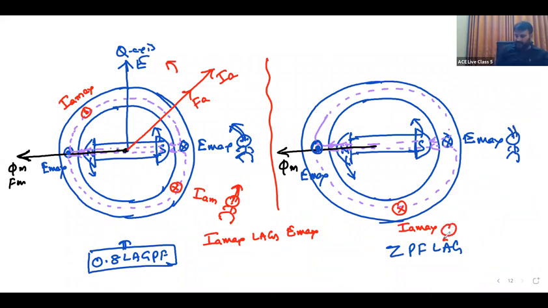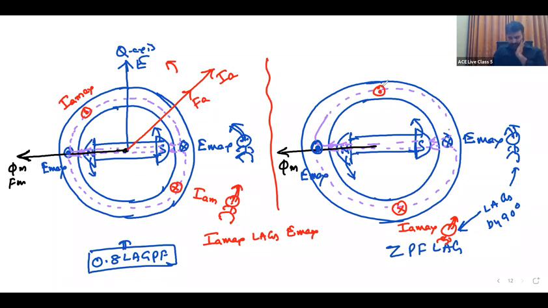So the current lags the voltage, by how much? 90 degrees. For ZPF lagging, cross lags cross by 90 degrees. Similarly, dot lags dot by 90 degrees.